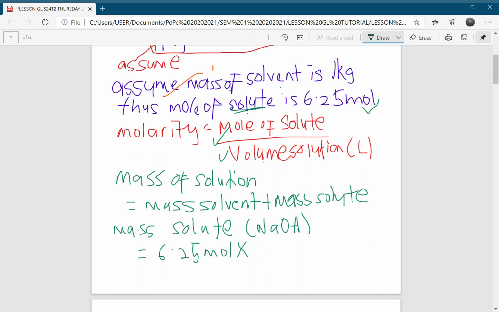So we multiply by the molar mass of solute.